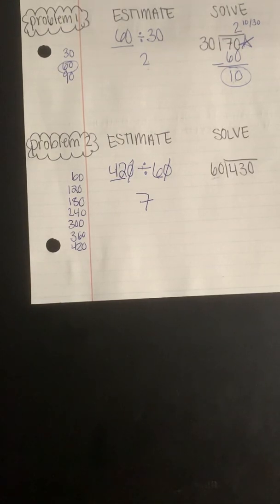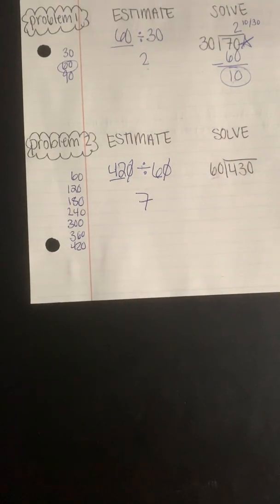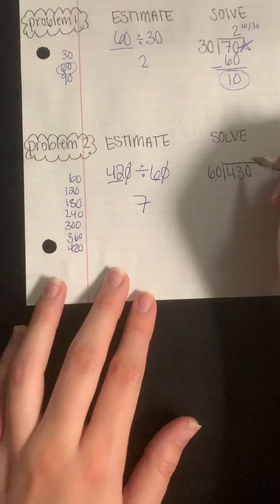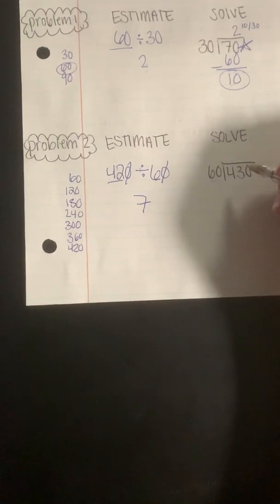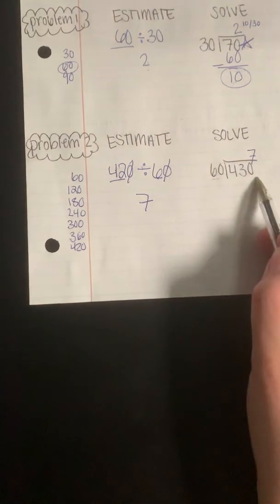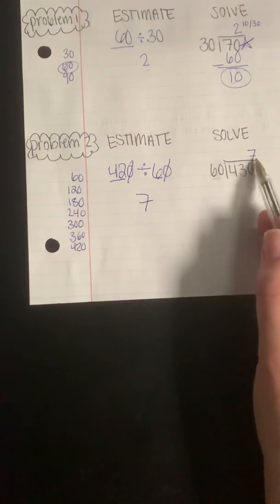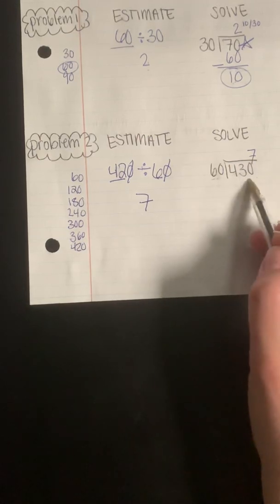There are 7 groups of 60 in 430, and then a little left over. So let's see if that's actually true. Let's record our 7 into the quotient. And it's recorded above the 0 because I'm putting 60 into this entire group. Okay, it represents 7 ones, so it has to be recorded in the ones place directly above the ones place in our dividend, in our whole.